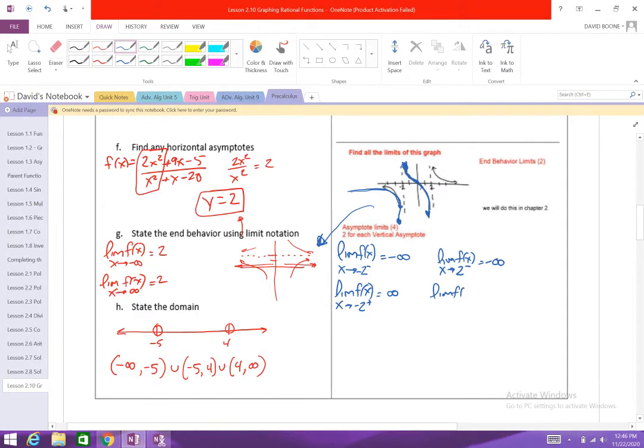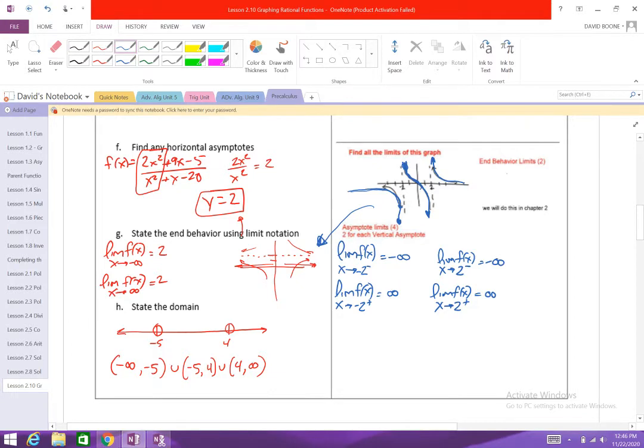But as I take the limit of the function as x approaches 2 from the right side, this graph is going up to infinity. So we have to look at that behavior if we have vertical asymptotes. That's not called end behavior. It's just a type of limit as we approach points of discontinuity.